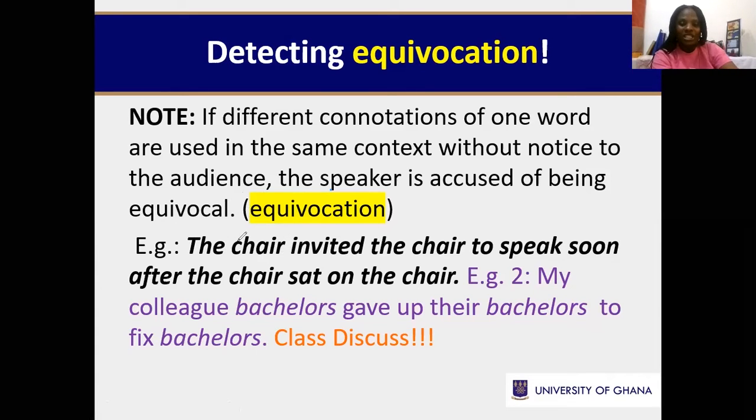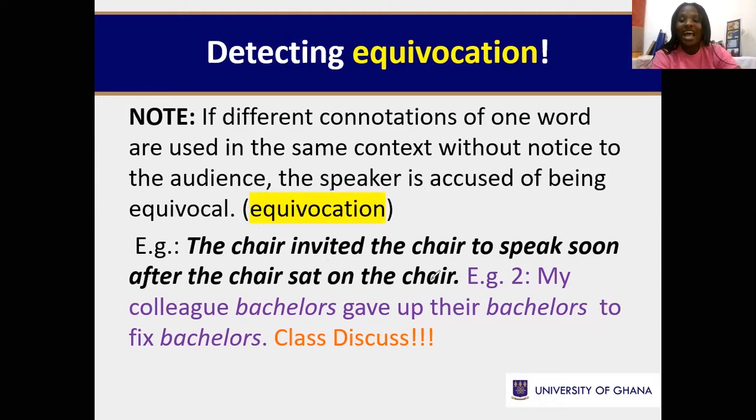Now see, so the one administering the affairs of the meeting, the chair, invited the head, if you like, or the one that is supposed to administer that meeting, or vice versa. You could change positions for the two. Okay, so the EC chair, for example, invited the person that is steering the affairs of that afternoon's meeting to speak soon after the chair sat on the chair.